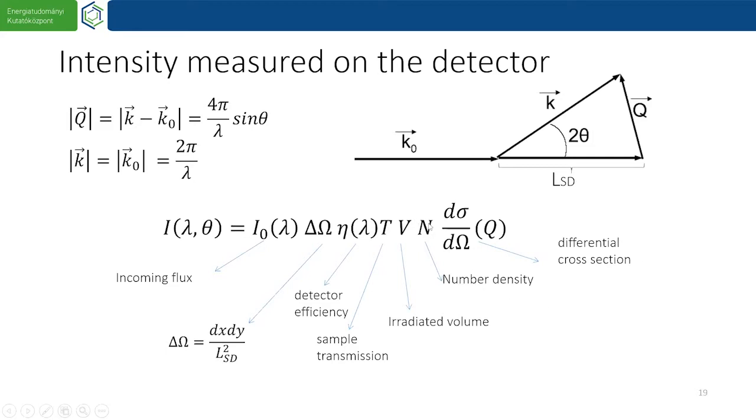This is for the case if we have particles. If we have fewer particles, then the intensity is less, and if we have more particles, then it is higher. So this is a linear factor here. If we do all the measurements and analysis properly, then we can calculate the number of particles in the sample. So we can determine the density of the colloidal particles.